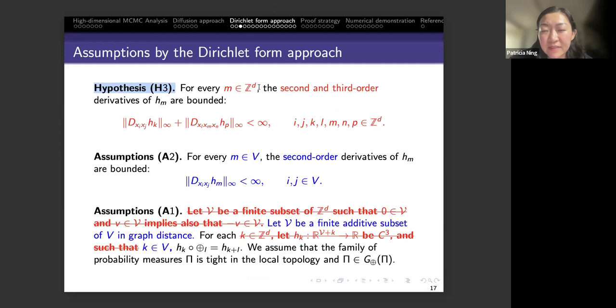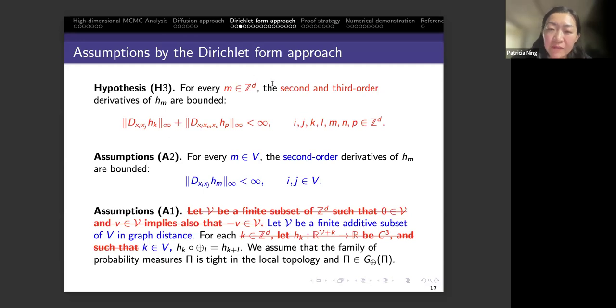They considered a lattice, and I consider a general vertex set. They assume the second order and third order derivatives are bounded, but I only need the second order derivatives of Hm to be bounded. And other counterexamples not satisfying third order derivative boundedness are provided in my paper.